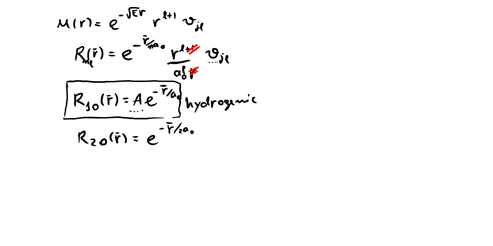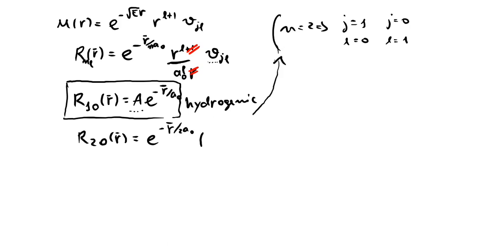But then I have a first order polynomial for Vj. Remember that I have n equal to 2. This means that j is equal to 1 and L is equal to 0, or j is equal to 0 and L equal to 1.